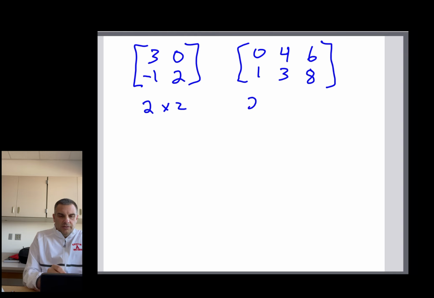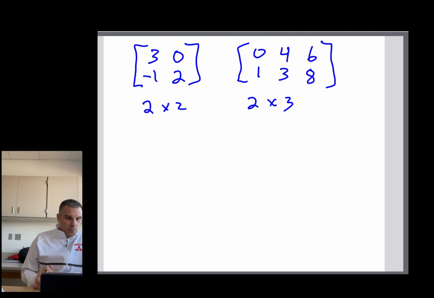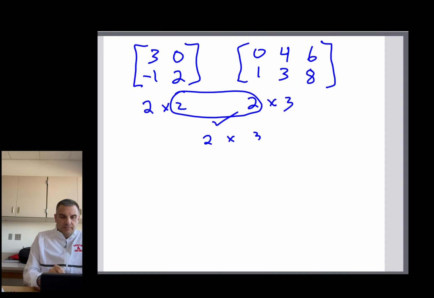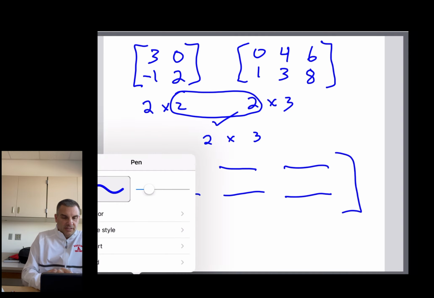So we've got a 2 by 2 times a 2 by 3. So it can work. Our end result is going to be a 2 by 3 matrix. So we've got 2 rows, 3 columns.